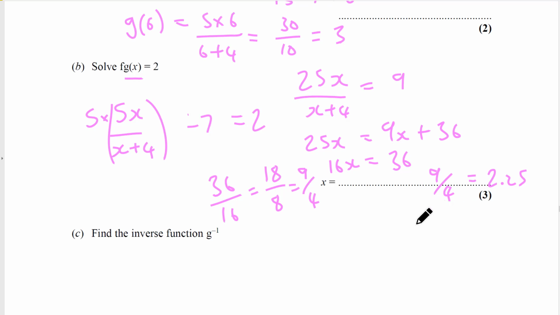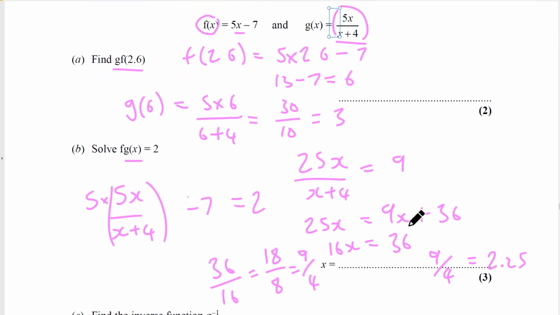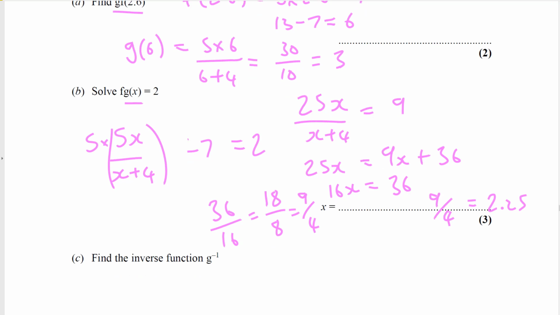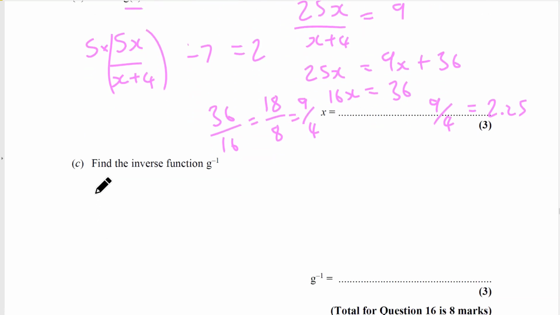Find an inverse function. So what is g? g of x equals 5x over x plus 4. So remember I said we're going to set that to y equals 5x over x plus 4.